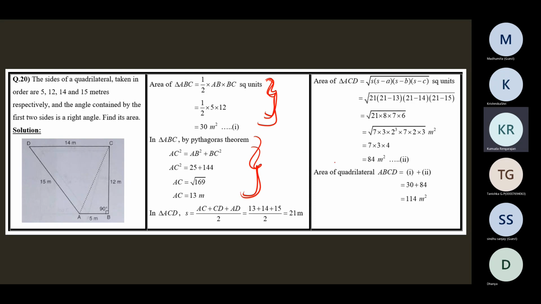All of us make mistakes, but when we get a chance to correct it, we must correct it for good. So for half base into height, you need to concentrate, and then find AC using Pythagoras theorem. Okay, very good.